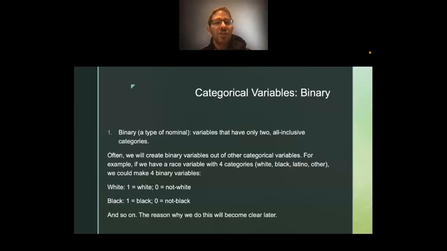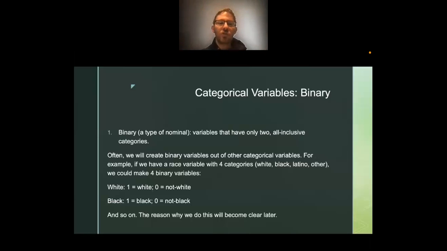But we will often create binary variables out of other categorical variables, and this will make sense later on when we're doing the statistics. Let's say we have a race variable that has four categories: white, black, Latino, other. What we would do is make four binary variables, a white variable, which we would code 1 for everyone who is white and 0 for everyone who is not white.